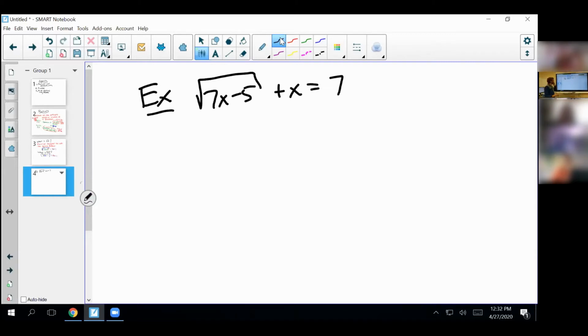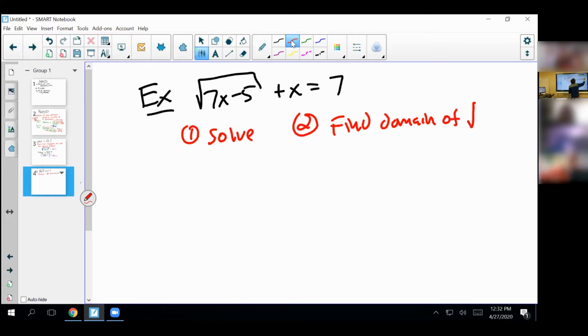Let's say we want to solve this. And while we're at it, since we just talked about it, let's also find the domain of the square root part of it. Okay. So how do we do that?